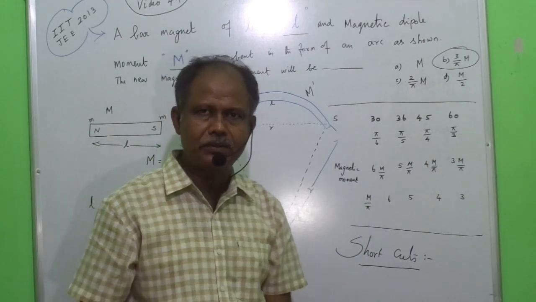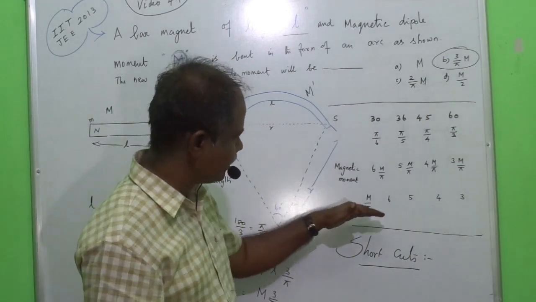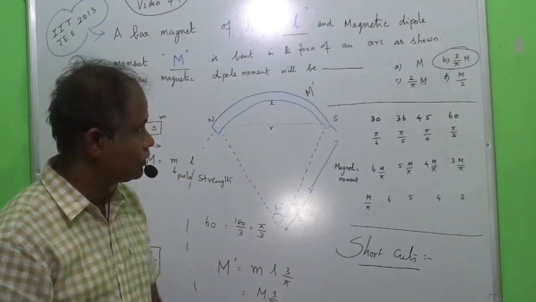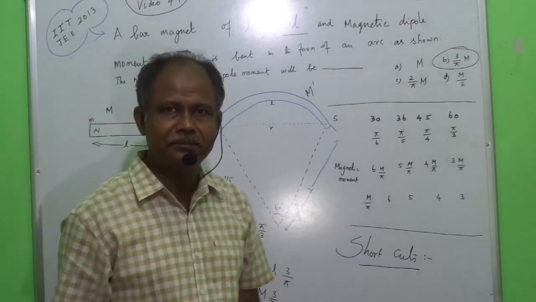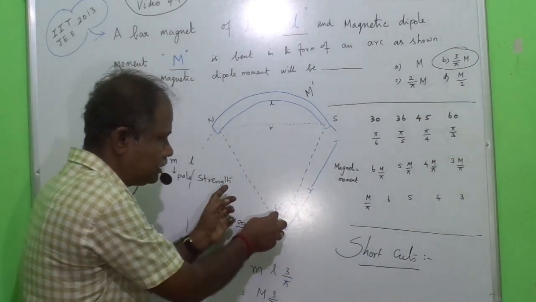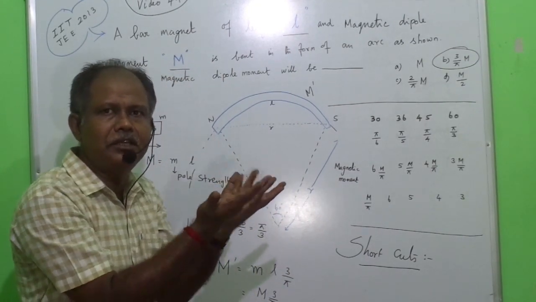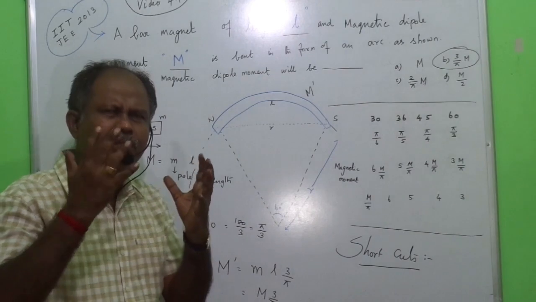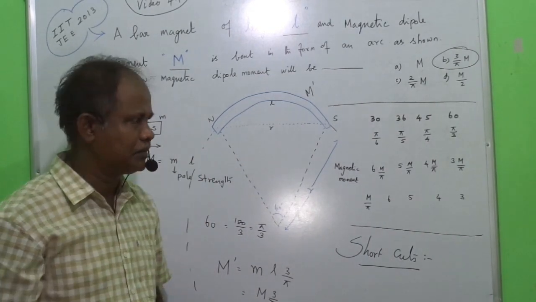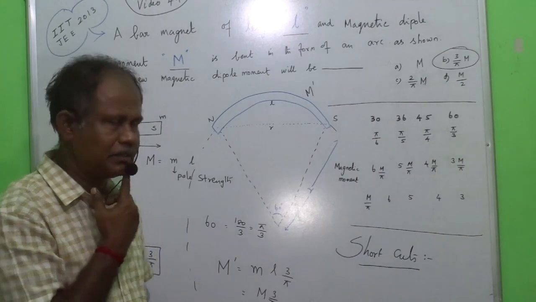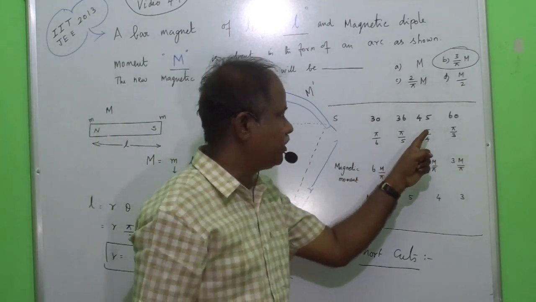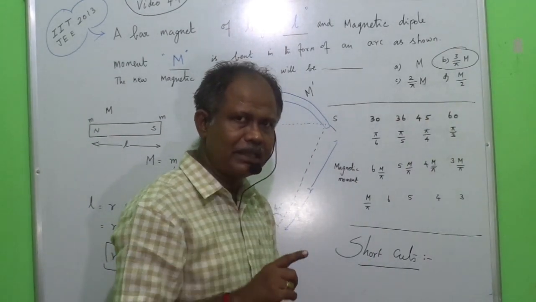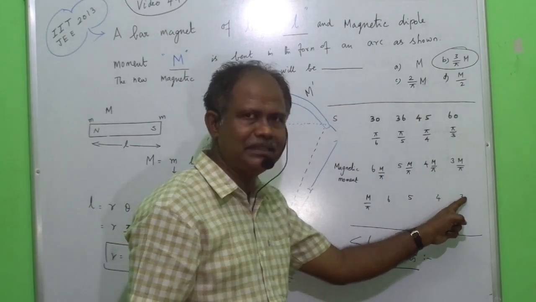So it's a very interesting shortcut, you know. M by pi is a constant. For example, if the angle of bending is 55 instead of 60, how do you find it in a fraction of seconds? It's very easy, no? 55 is between 45 and 60, which means the answer must be between 4 and 3.